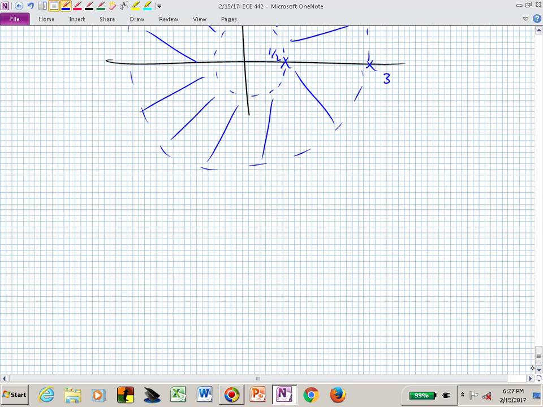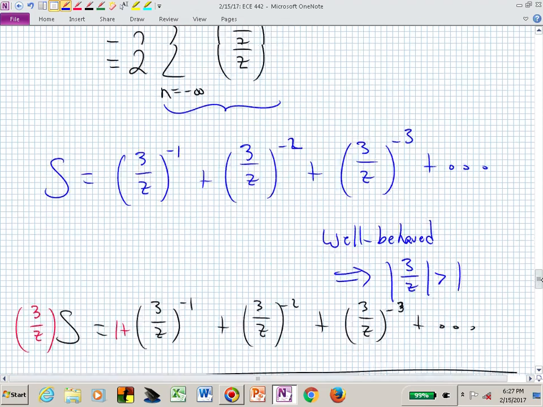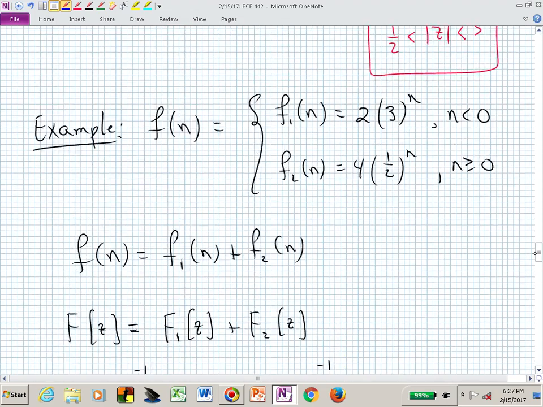Now, in this particular example, is little f sub n bounded? Was that what I called it? So I started with capital F of z, which was here. And now I want to know, is little f of n bounded? Now I have a 3 raised to higher and higher values of n.